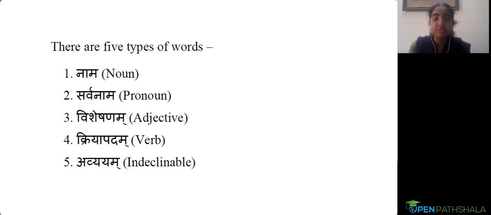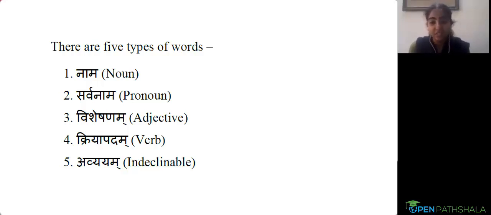So basically there are 5 broad types of words. That is Nama, noun, Sarvanama, pronoun, Visheshanam, adjective, Kriya Padam, verb, Avyayam, indeclinable.